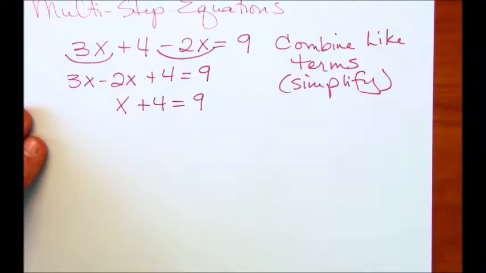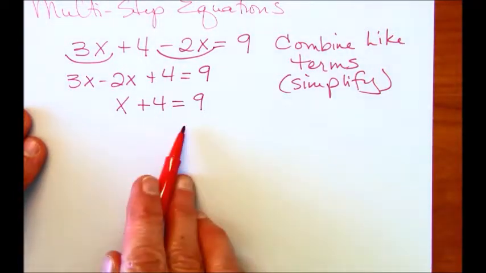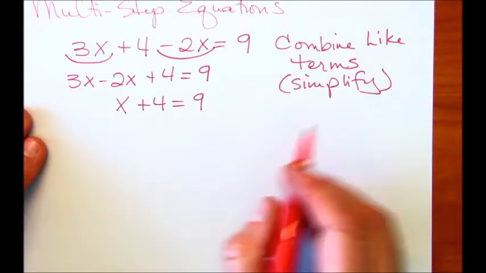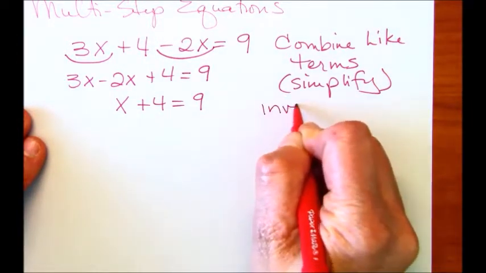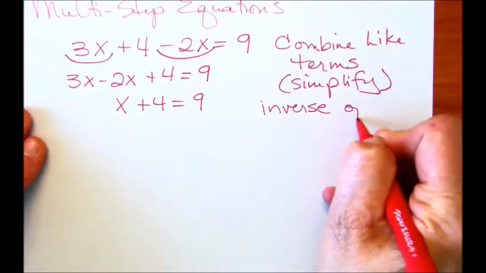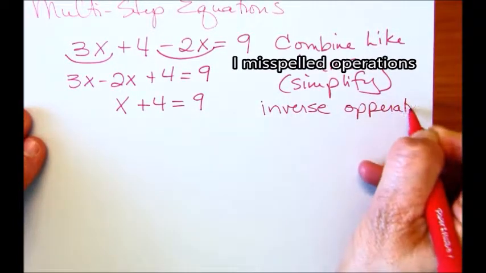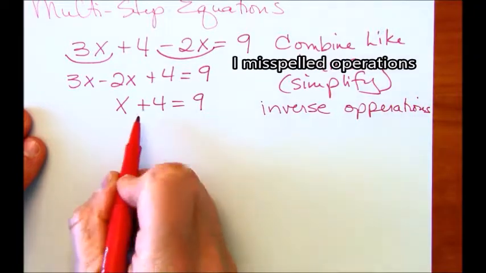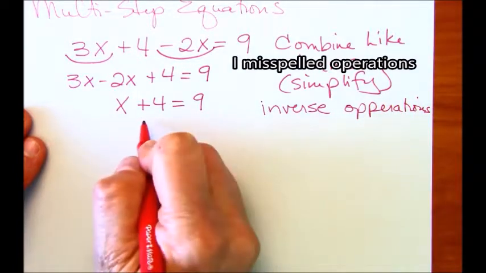Now, when I talked in another video about solving for an unknown variable, we had an example similar to this setup. We want to use inverse operations. Inverse means opposite. Because this is addition, we want to use subtraction.